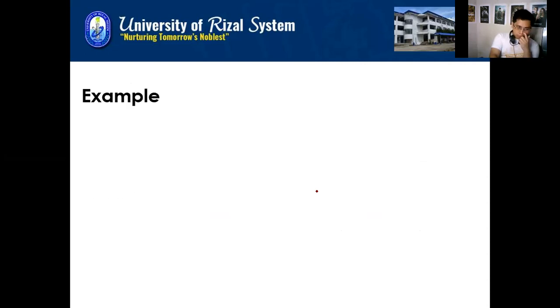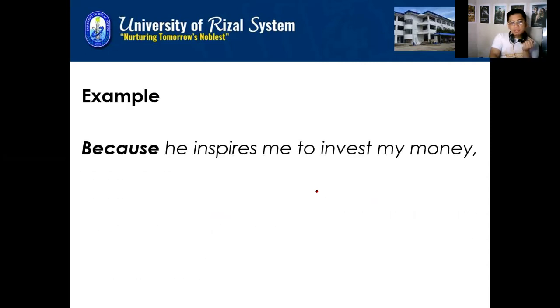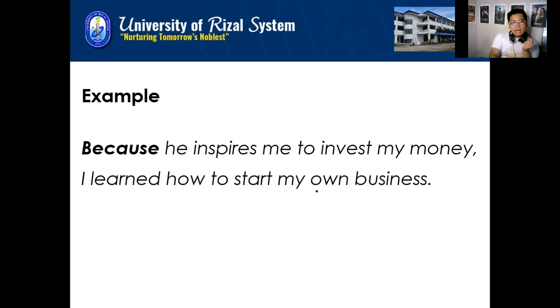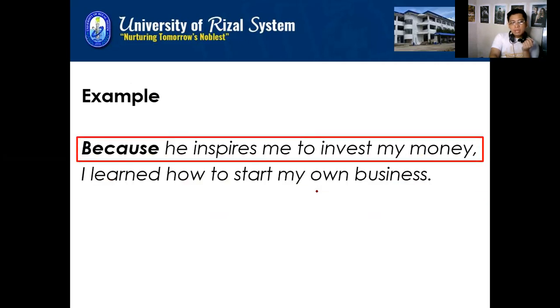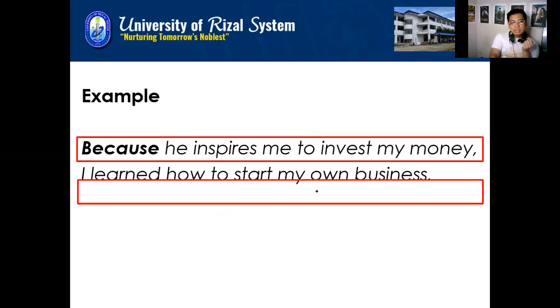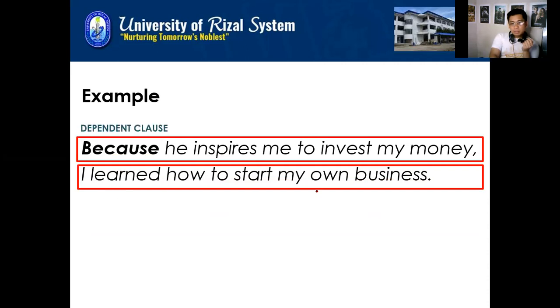So, for example: Because it inspires me to invest my money, I learned how to start my own business. "Because it inspires me to invest my money" is a dependent clause. It seems like this clause could not stand alone, that we need to add additional information or another clause to complete it.